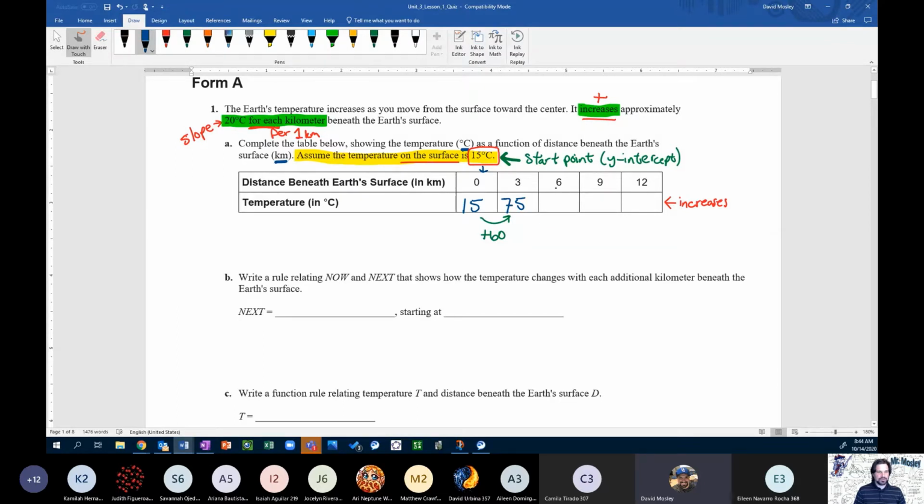All right, we add 3 more. Right, go from here to here. And we add the same amount again, right? We're going to go up 60. Come in at 135. Right, we're going to add another 60.